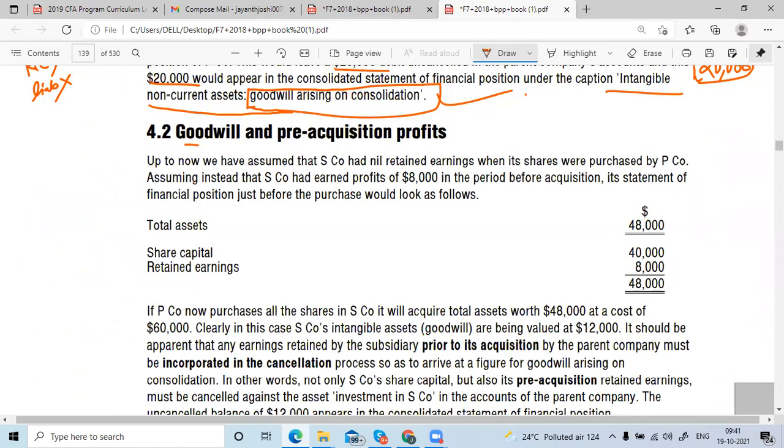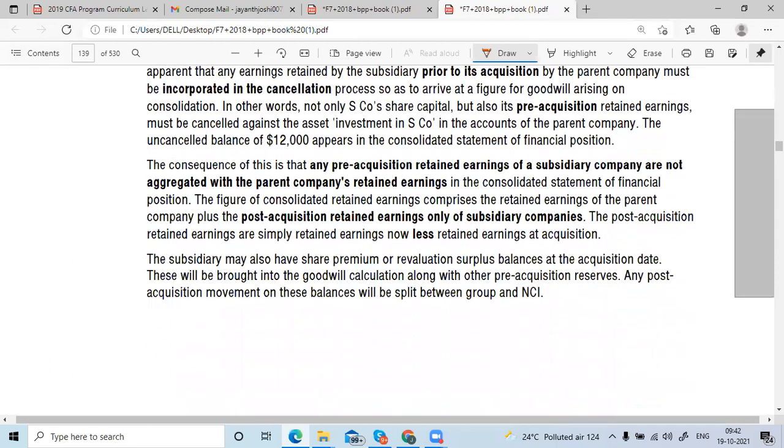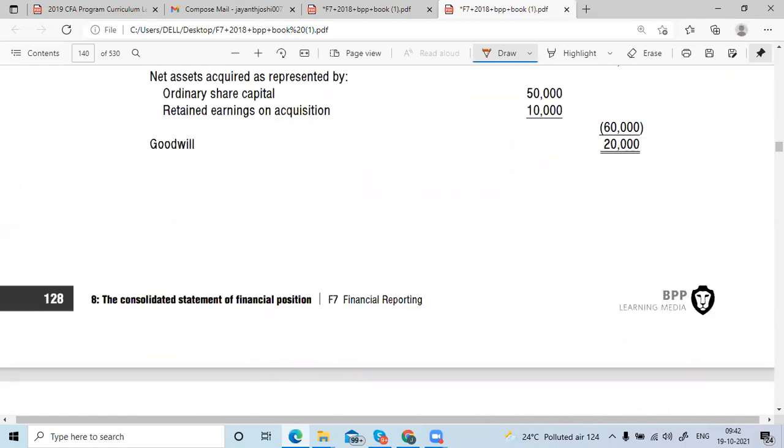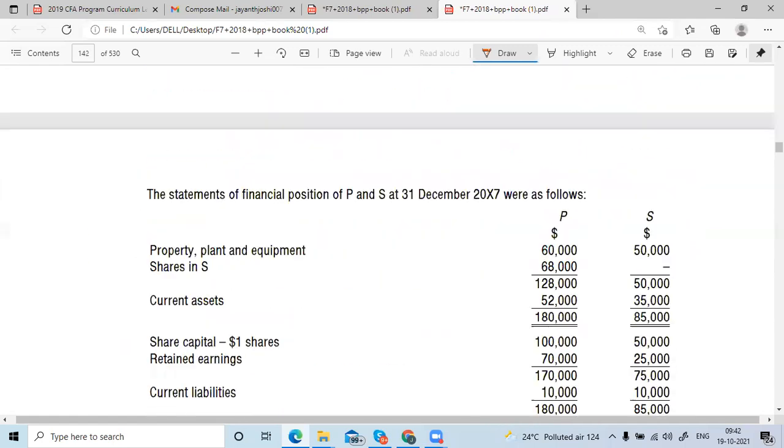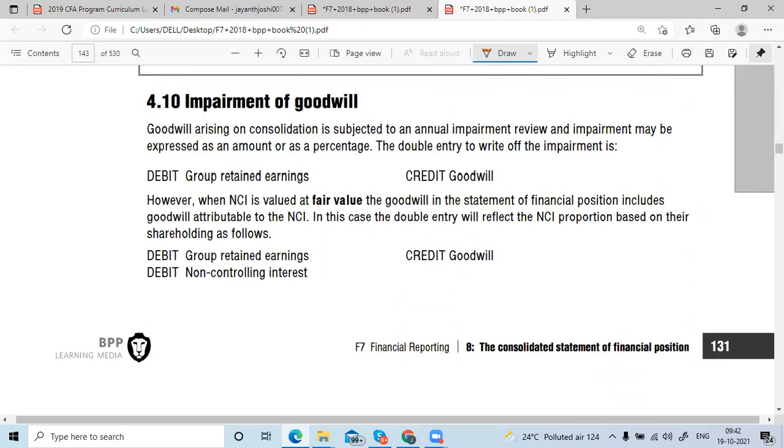Shall we do goodwill and pre-acquisition profits? I'm planning to do it tomorrow. Then we'll continue from here. Today you try to understand whatever you have done. Tomorrow from here we will start. We'll do this goodwill. Sir, can you send today's recording?